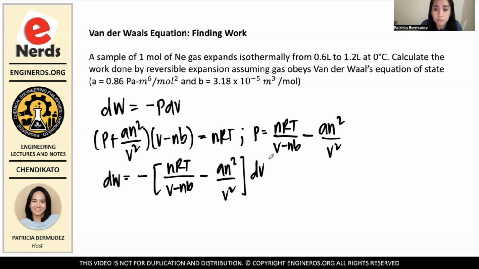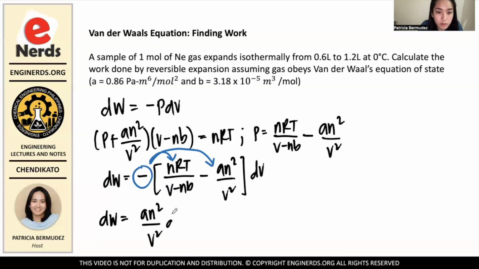Now we're going to expand this, distributing the negative sign as well as the dV. The AN squared term becomes positive, since negative times negative is positive. I'll put it first so the negative sign isn't in front. So it'll be AN squared over V squared dV minus nRT over V minus NB dV.